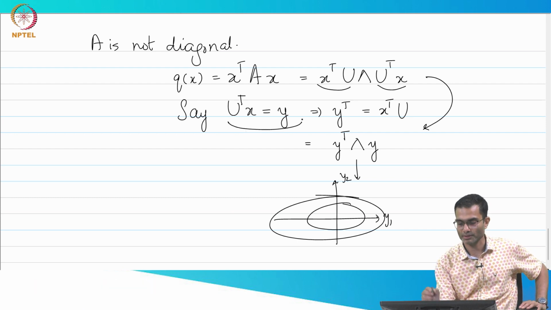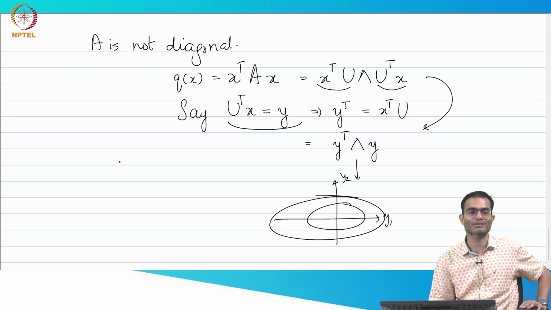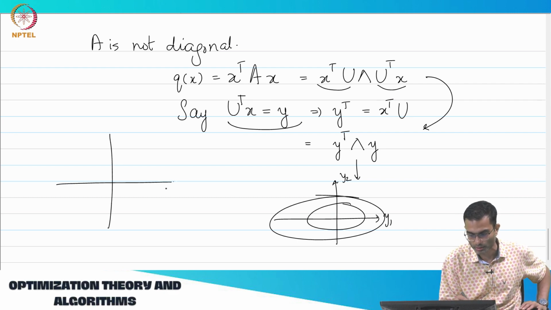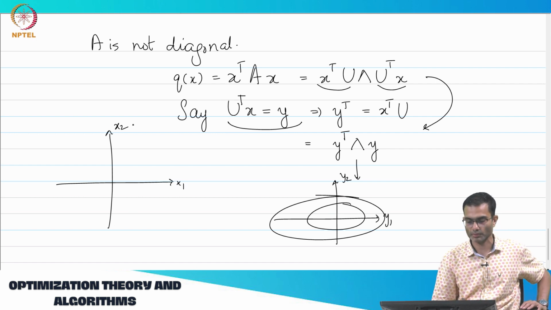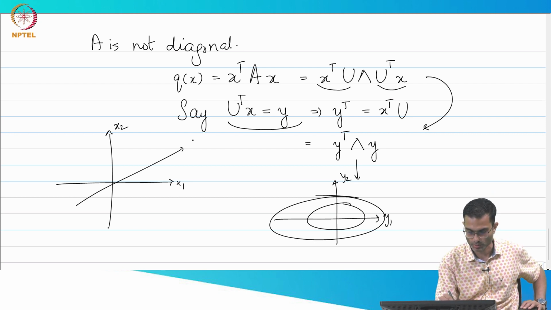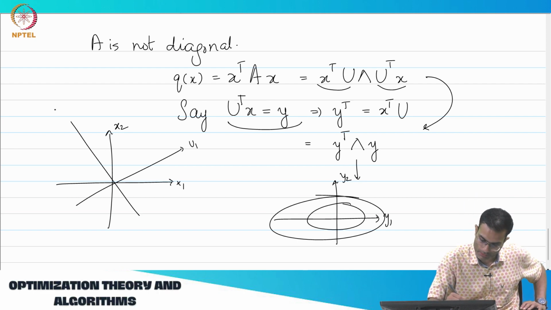My key is over here. We wrote that U transpose x is equal to y. So let's look at it like this. This is x1, x2. Let us say one of the eigenvectors is U1. And I know that the eigenvectors are orthogonal to each other. So U2 therefore must be like this.